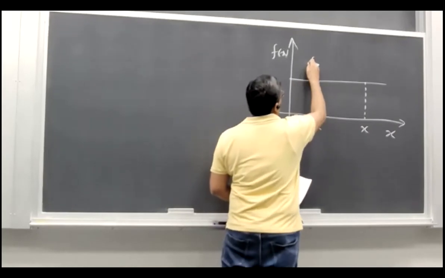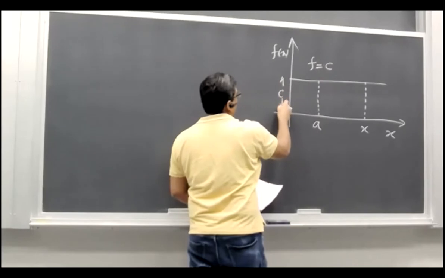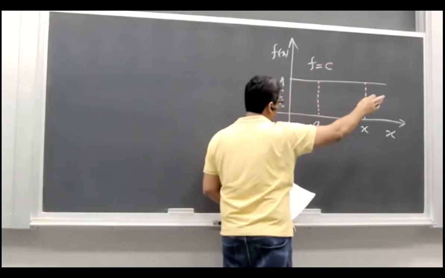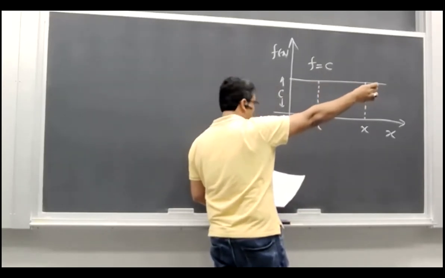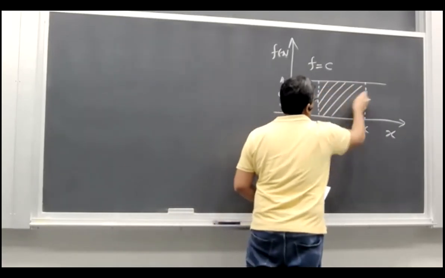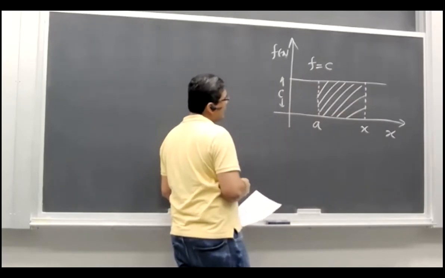Now the function is f equal to c, and c is the height. It does not depend on any variable. It's just a constant function, continuing in a straight line at a constant distance from the x-axis. Now the area under the curve is just a rectangle, and I know one side of it.